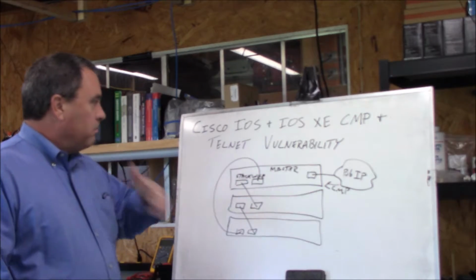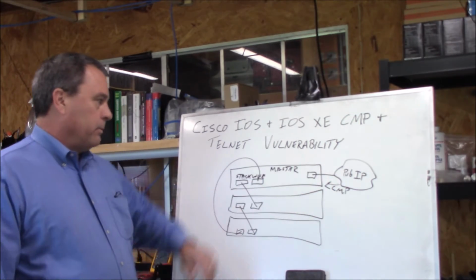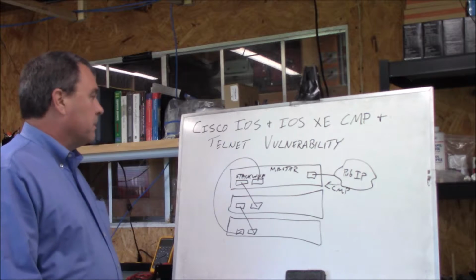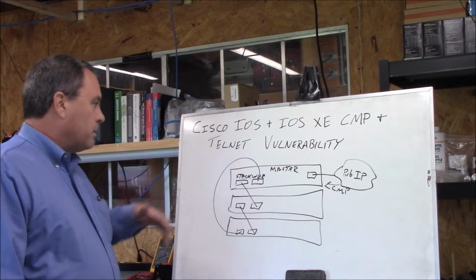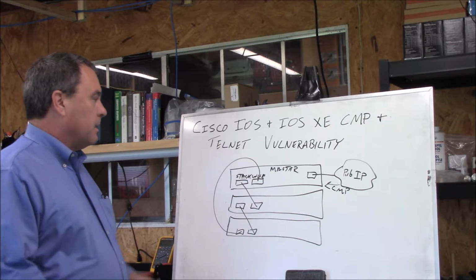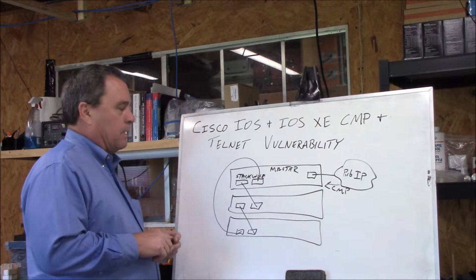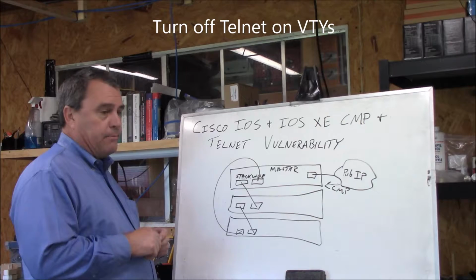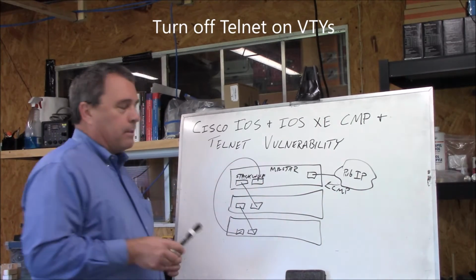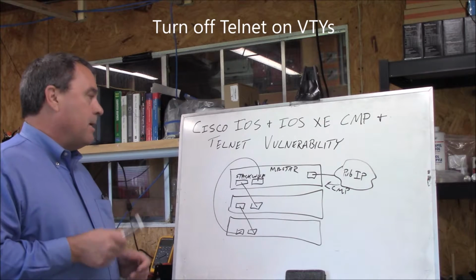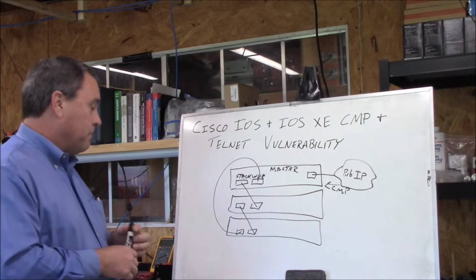And you can actually reboot this thing and do all kinds of bad things on there. So anyway, that's what the problem is, and the fix is actually pretty simple. You just turn off Telnet, so it doesn't accept Telnet. But there's a gotcha there, and we're going to take a look at that.